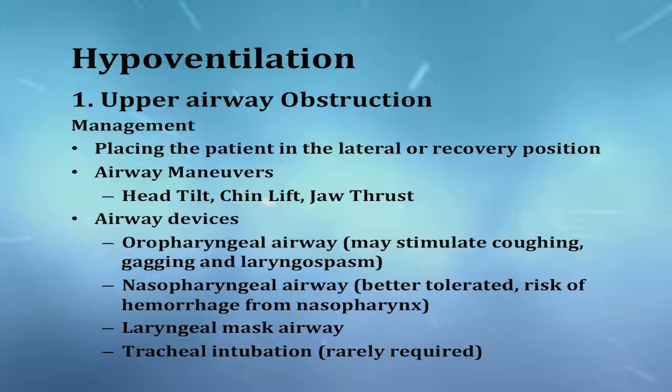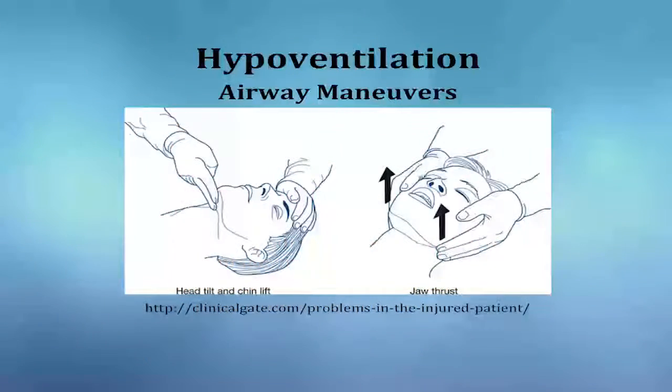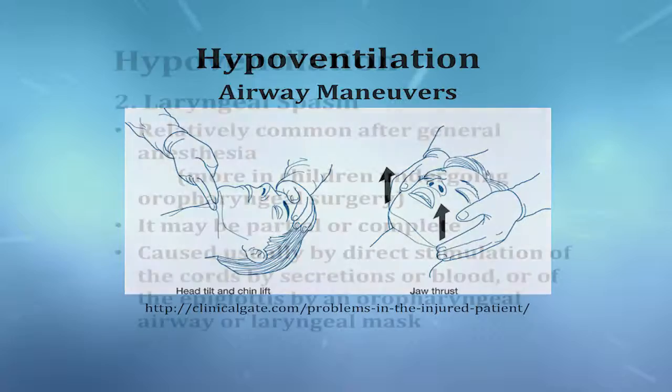However, some of these devices might itself cause more deleterious effect on the airway obstruction. This is a common maneuver, which is the head tilt and chin lift, with sometimes the jaw thrust, which can visualize the airway and prevent any obstructing causes for impairment of airway patency.